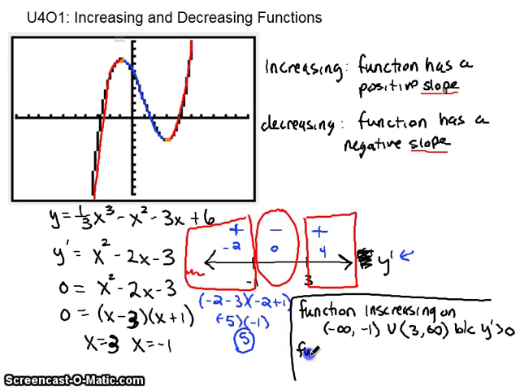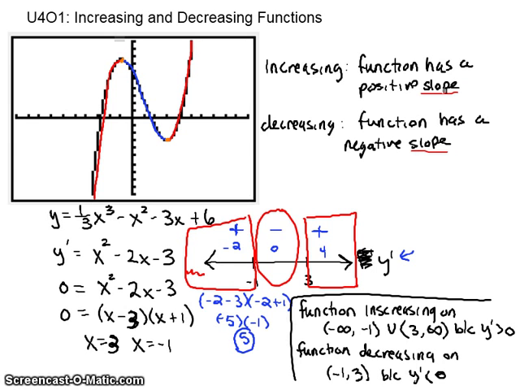We're going to say our function is decreasing on the interval negative 1 to 3. And our justification there would be because y prime is less than 0. Pen's kind of giving out on me. There we go. Y prime is less than 0. So those are our justifications.